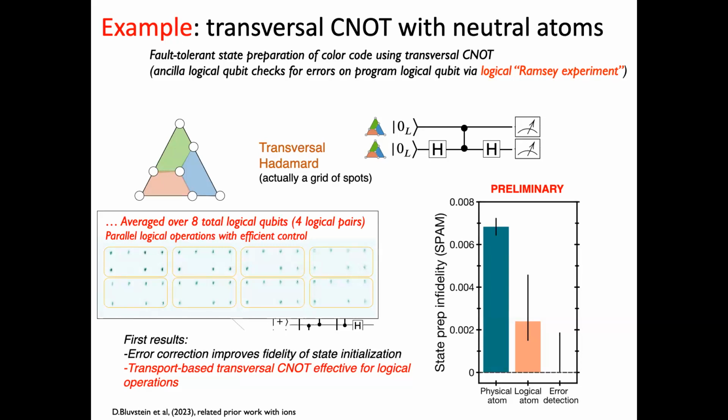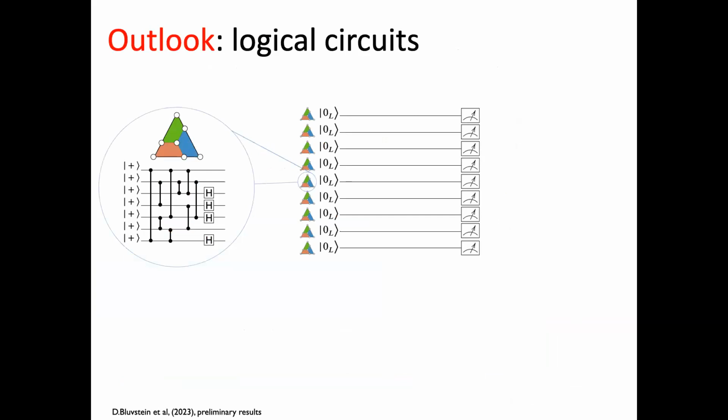And of course, once we have multiple pairs and multiple encoded qubits, we can start doing algorithms. So here is a very simple first example. In this case, what we do is we first prepare a number of these logical qubits fault tolerantly, and then do some operations.